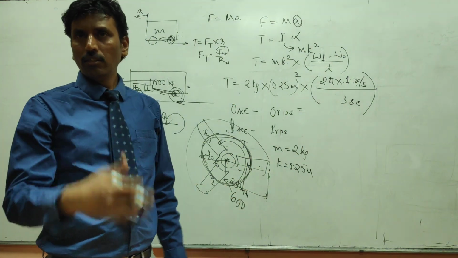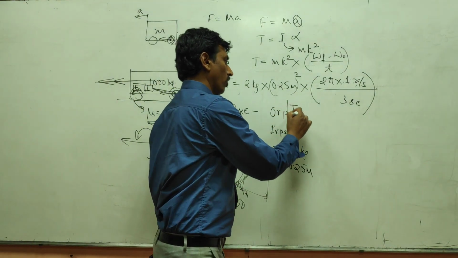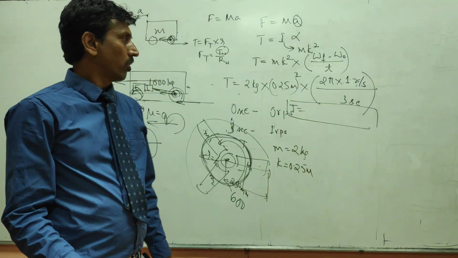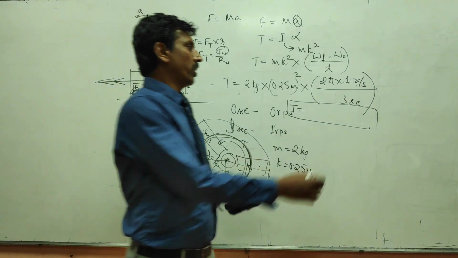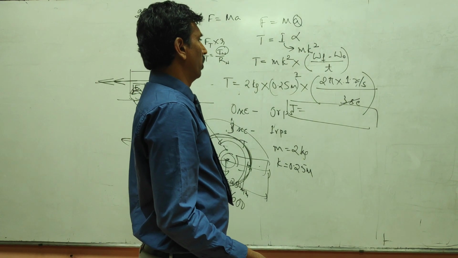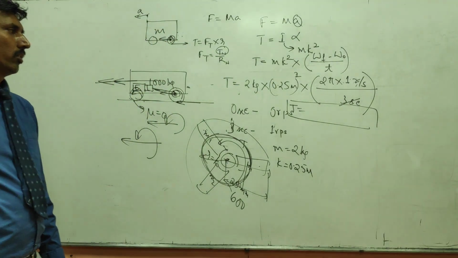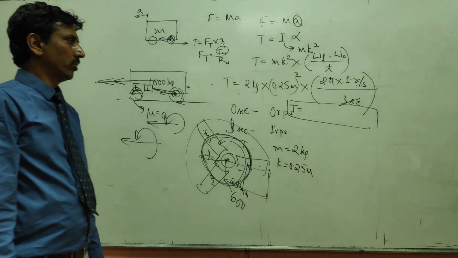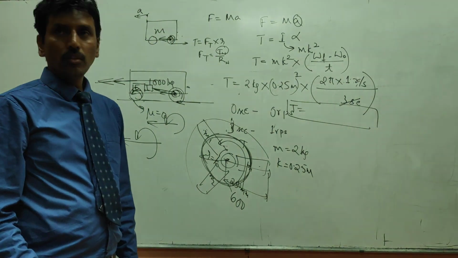Now guys, can somebody give these values? Somebody please use the calculator. Two into 0.25. Here second cancels out. 0.262.